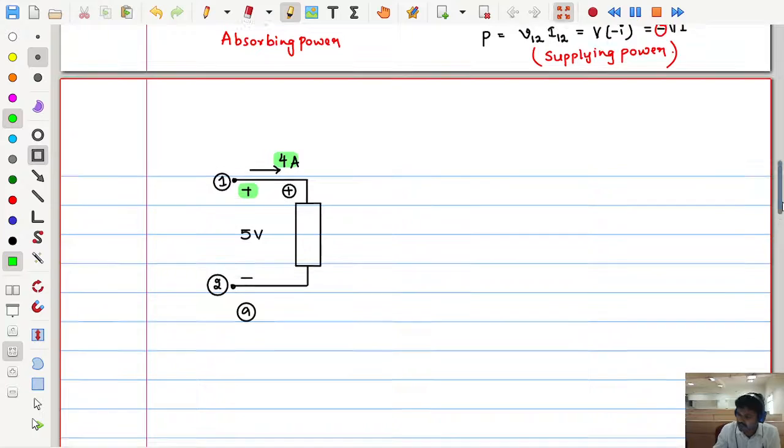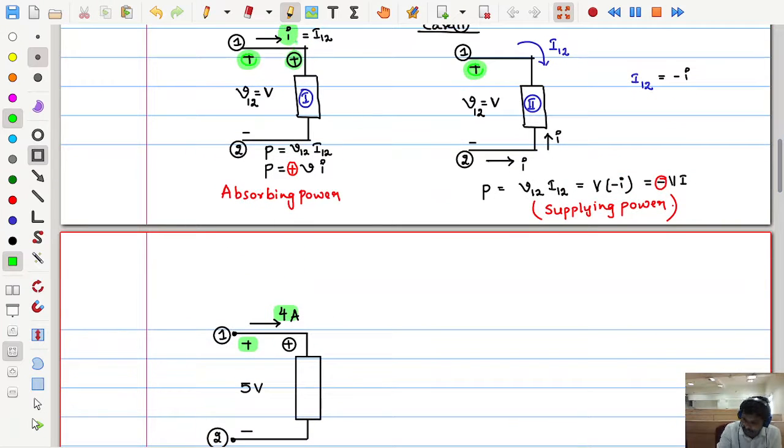You can see I am interpreting the same thing in a slightly different way. If a positive current enters at the positive terminal, the power is positive. In another way, if a positive current enters at the negative terminal of the voltage, then the power is negative.